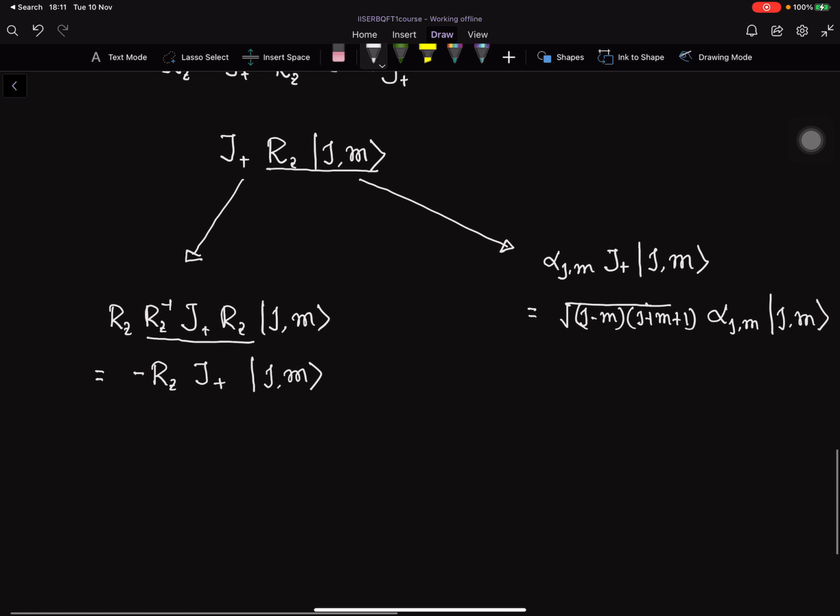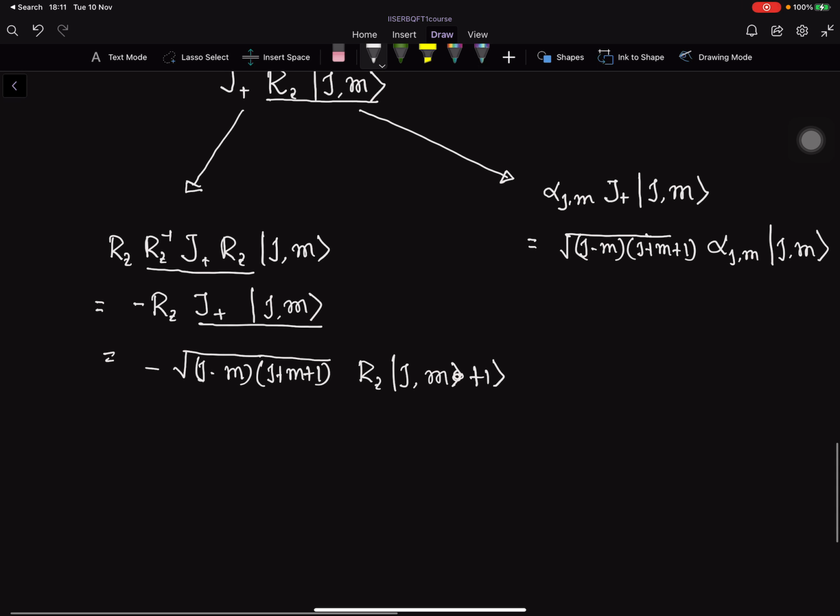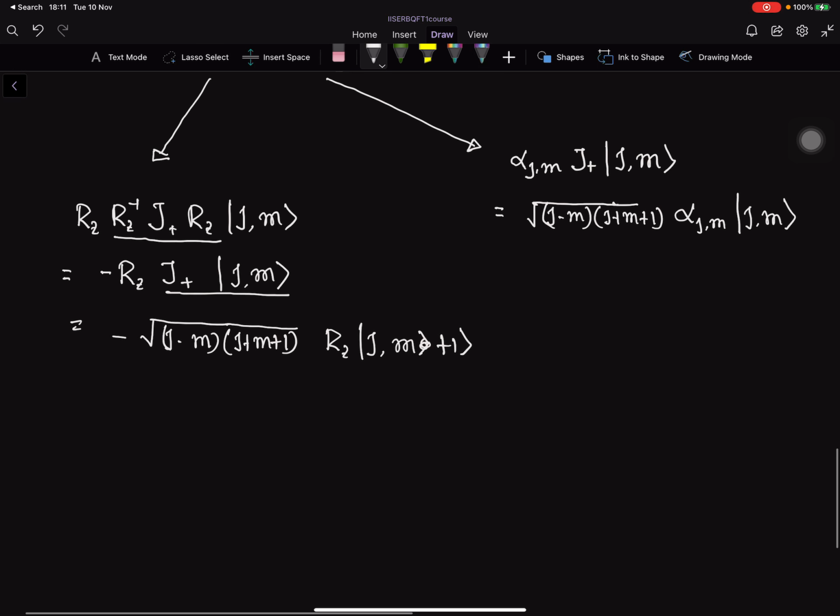Now we act this one first, so this will be the same as the factor (j minus m)(j plus m plus 1), then minus Rz acting on |j, m plus 1⟩, because J plus acts on that.